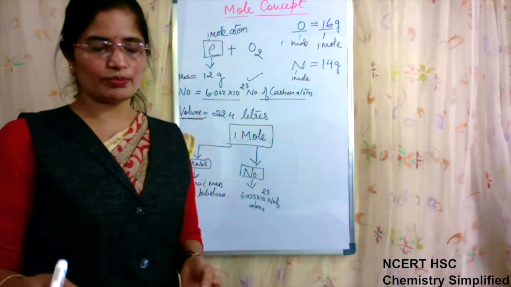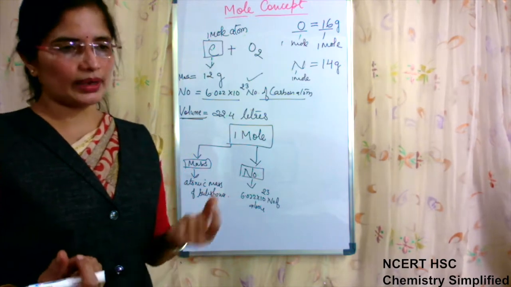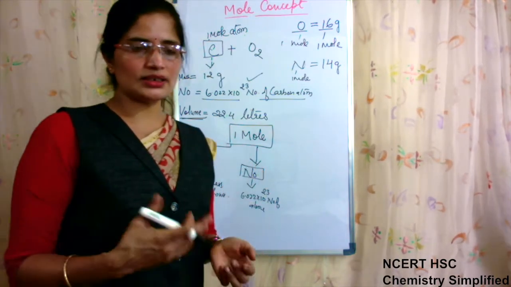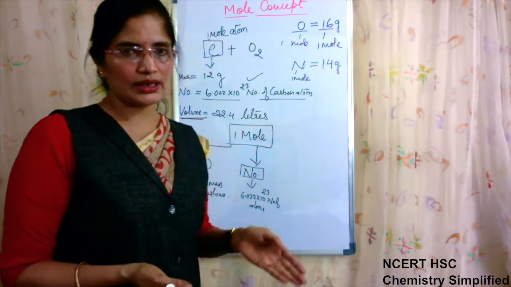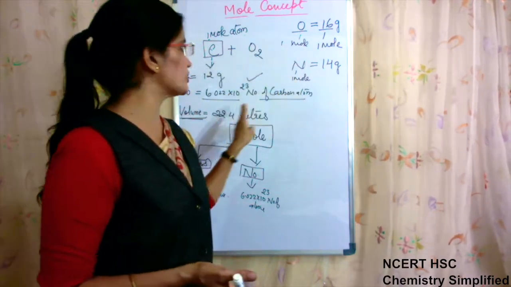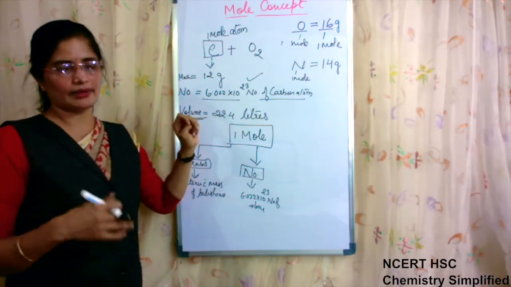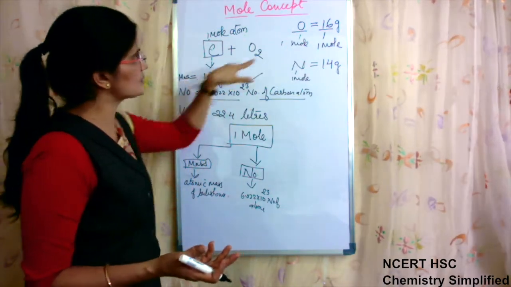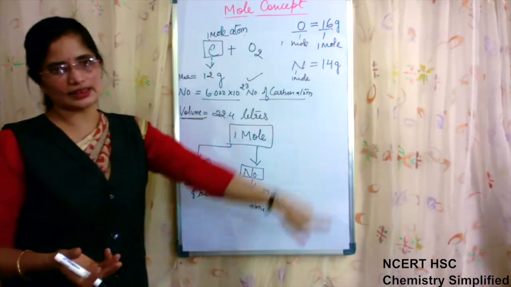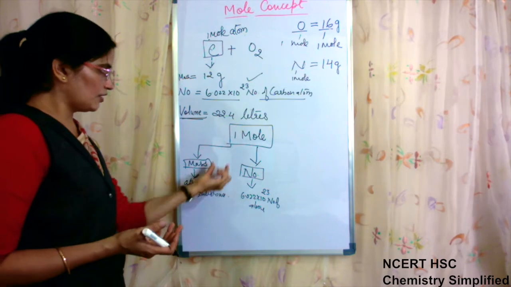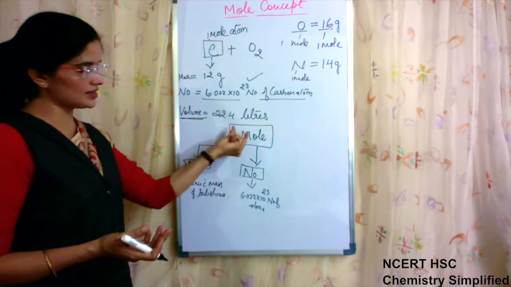The size of the atoms forming them is different, but the number of items in a dozen is always 12. Similarly, the number of atoms in 1 mole is always fixed. Their sizes may be different, and because their sizes are different, their masses are also different. So in terms of mass, whatever is the atomic mass of a substance is 1 mole.